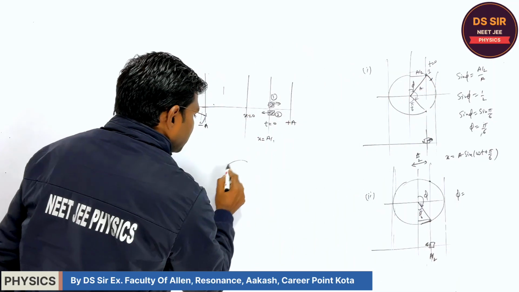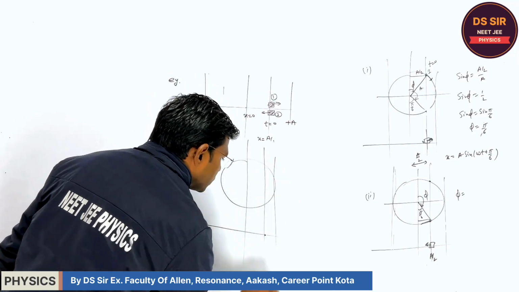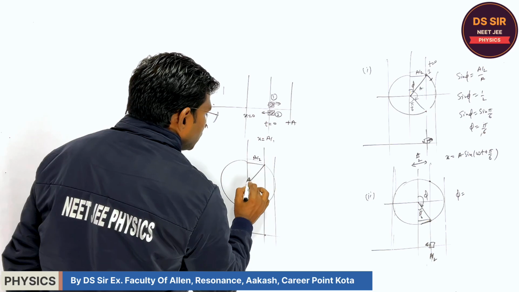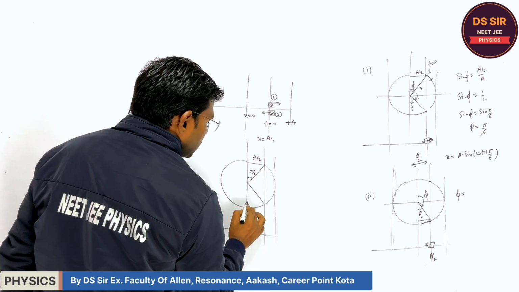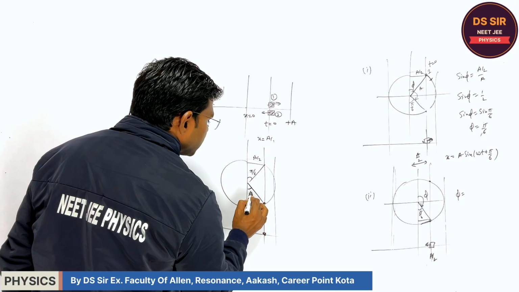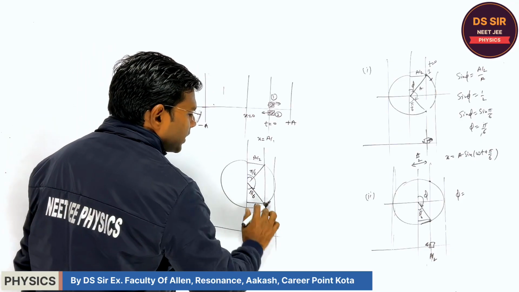Suppose the corresponding particle on A by 2 is over here. So if this is A by 2, this is pi by 6. This is also A by 2 for this particle. This is pi by 6. I am asking, this is the phase for this particle.